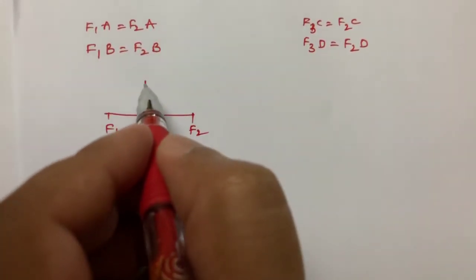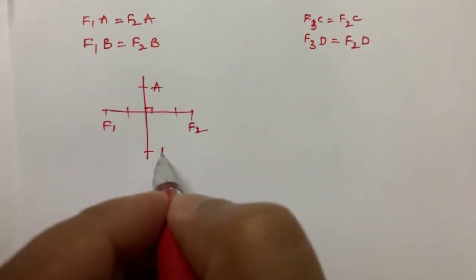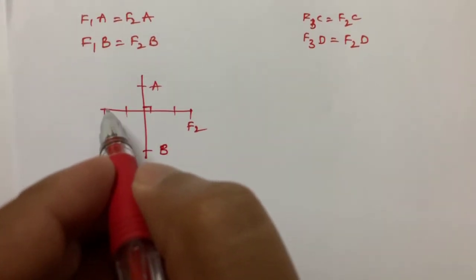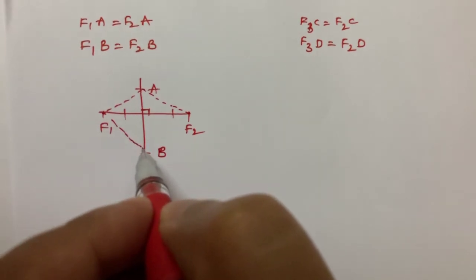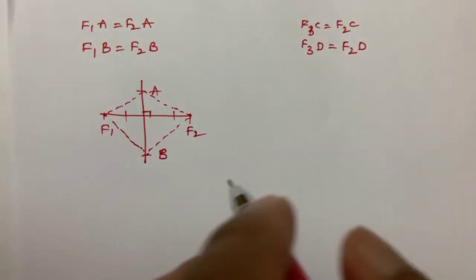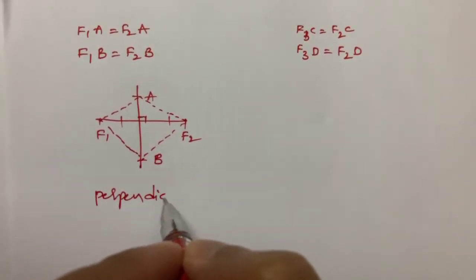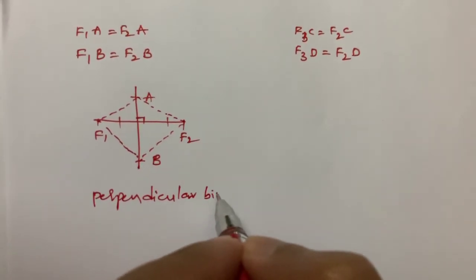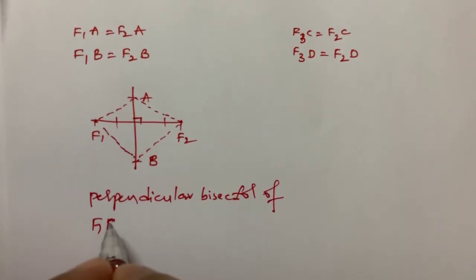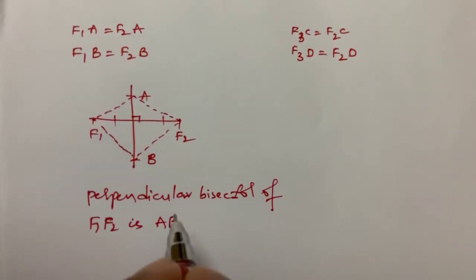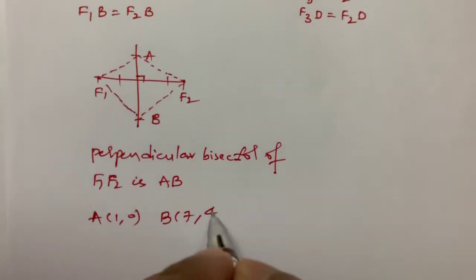If I consider the perpendicular bisector of f1 and f2, then A and B lie on that, because if they are lying on the perpendicular bisector, we can say that f1 A is equal to f2 A, f1 B is equal to f2 B. So the perpendicular bisector of f1 and f2 is AB. So A is (1, 0), B is (7, 4).